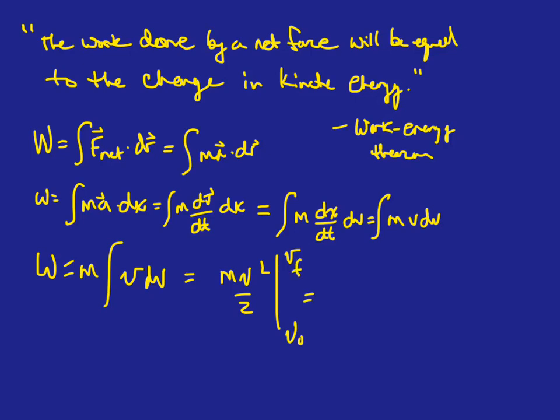And here we get the same thing, where it's 1/2 m v final squared minus 1/2 m v naught squared, and that's the more rigorous proof of our work energy theorem, that our work is the change in our kinetic energy, for any kind of variable force as well.